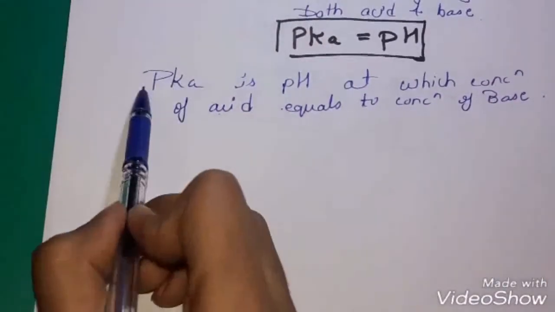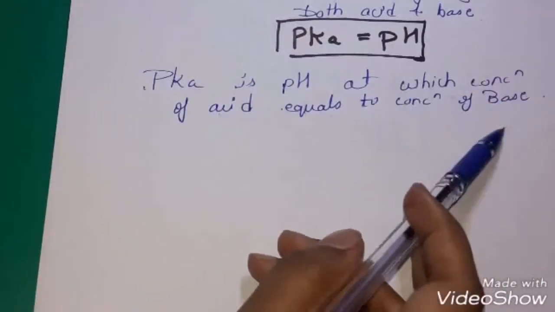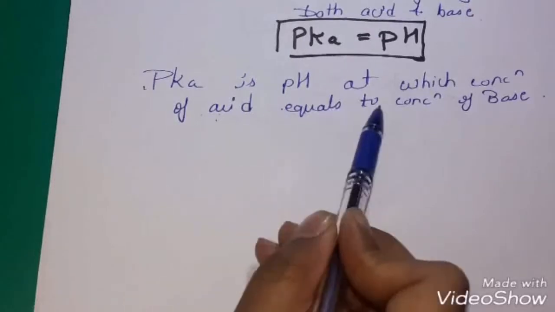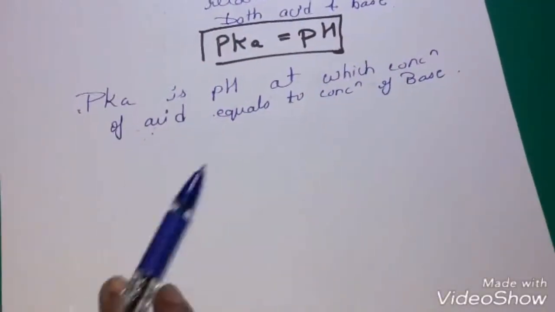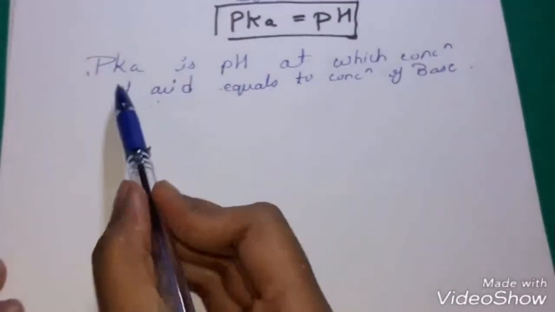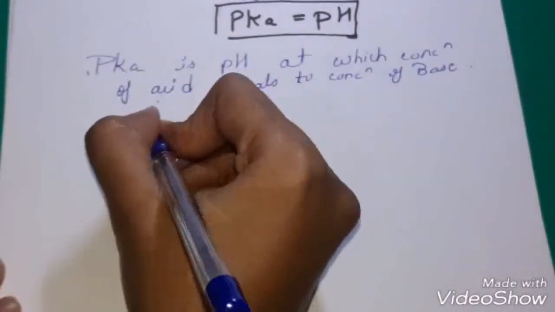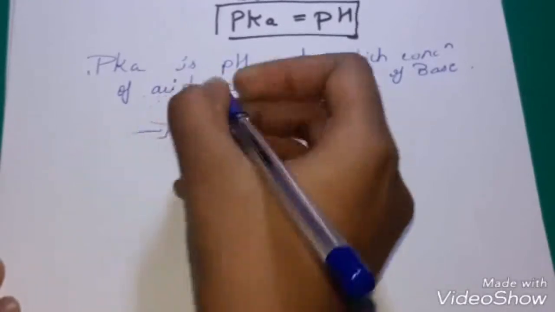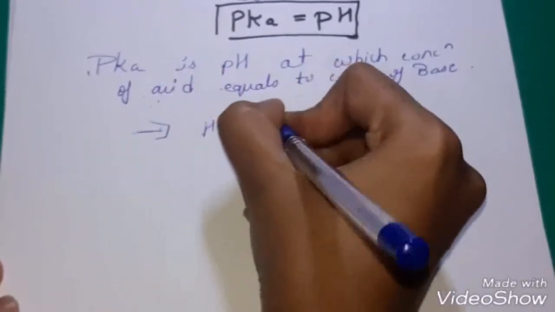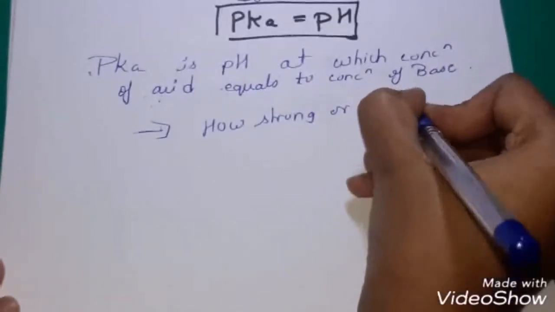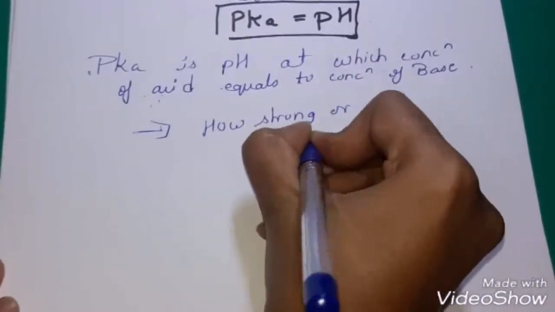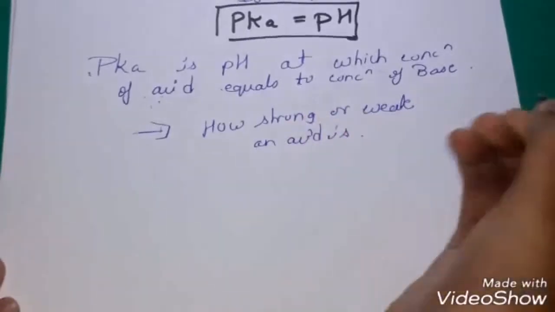Okay, pK is the pH at which the concentration of acid is equal to the concentration of base. You can tell that pK is similar to pH. So it tells us how strong or weak an acid is. Okay.